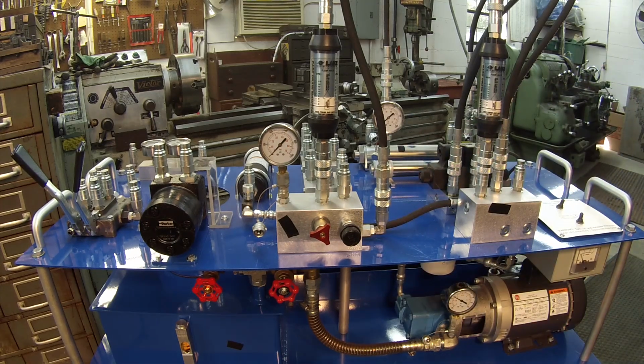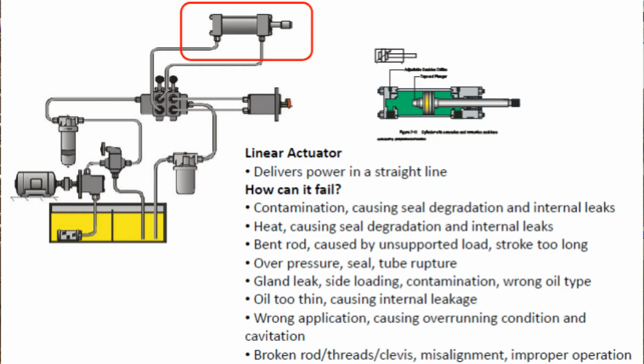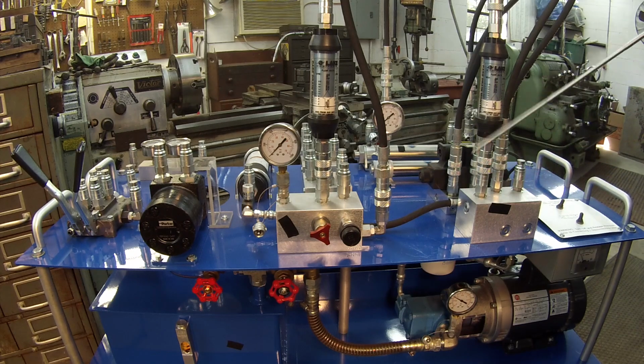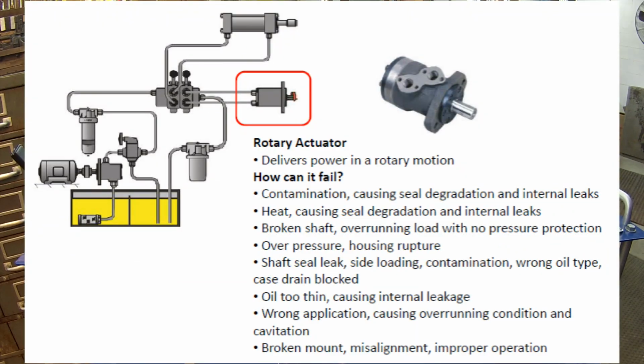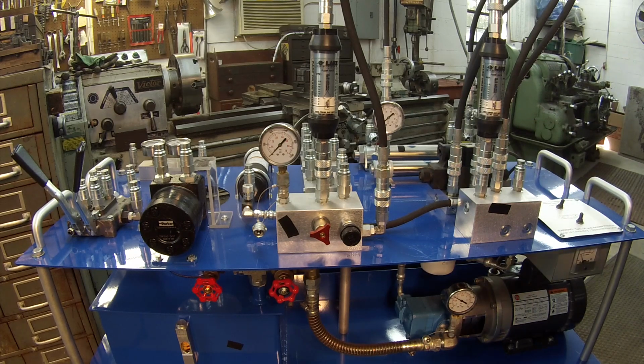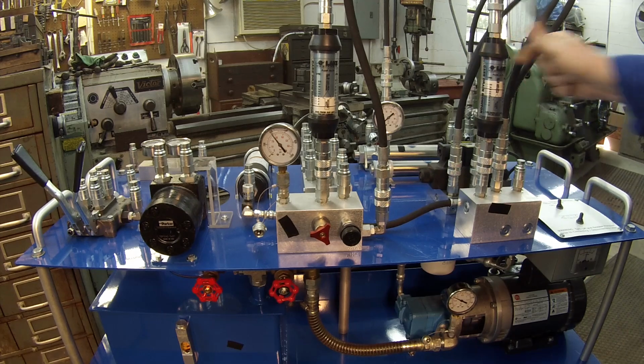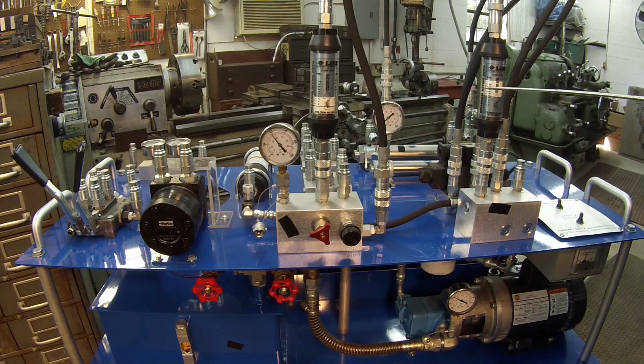Alright, the next thing we want to talk about is the actuator. These actuators, again, you have a linear that goes in a straight line, and you have a rotary that goes around and around. If your cylinder is not coming out fast enough, that means you don't have enough flow. You've got 1.8 gallons per minute, and we determined a while ago with our little stopwatch that the cylinder should come out in 4 seconds.